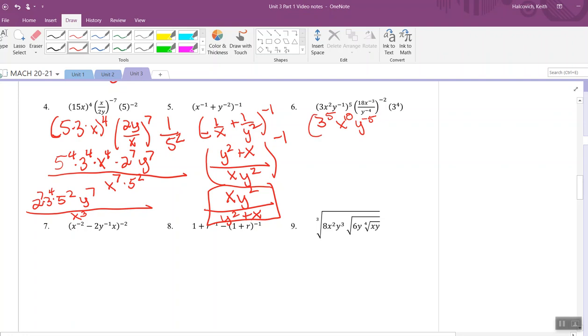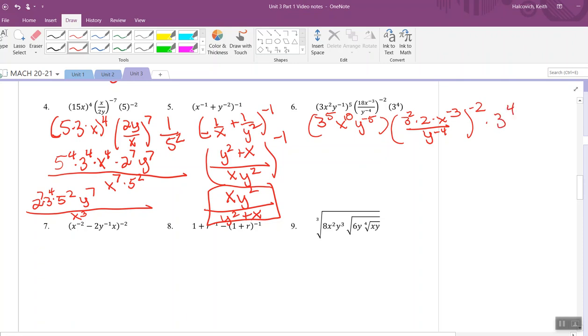For that part. Then for the next part, 18 is 3 squared times 2 times x to the negative 3rd over y to the negative 4th, to the negative 2nd power, times 3 to the 4th.